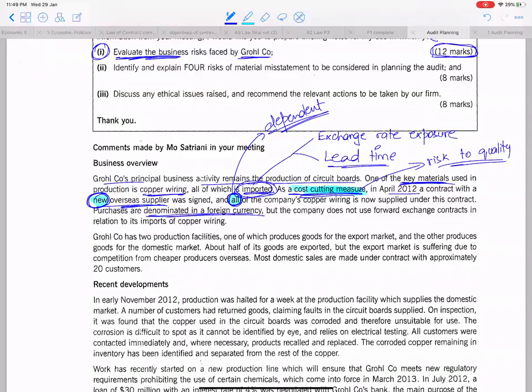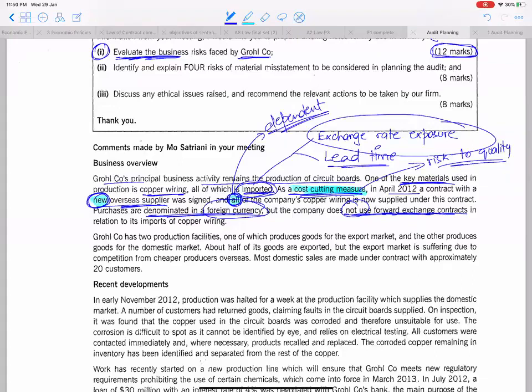Purchases are denominated in foreign currency. This will increase your risk. Now, this is the evaluative comment that exchange rate exposure is increasing because all purchases are denominated in foreign currency and the company does not use forward exchange contracts. This is also an evaluative comment. So now this is our first question and we are reading it piece by piece and we are identifying the situation.